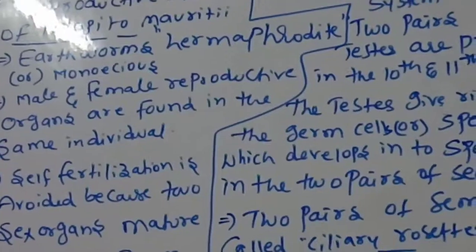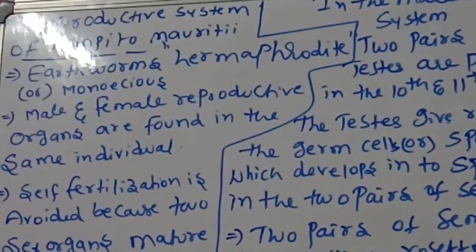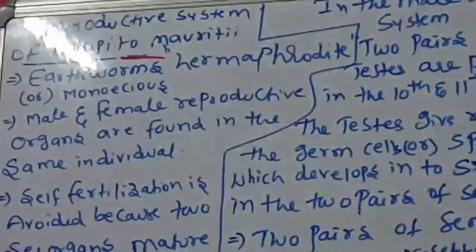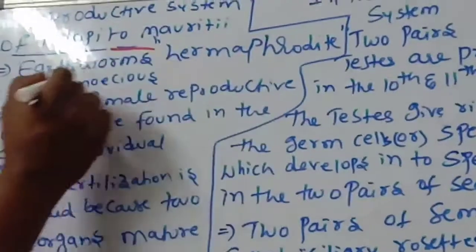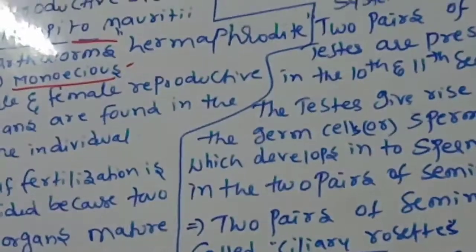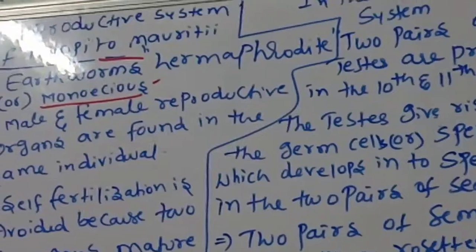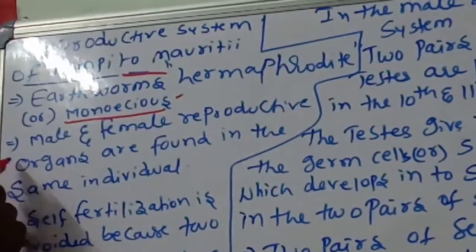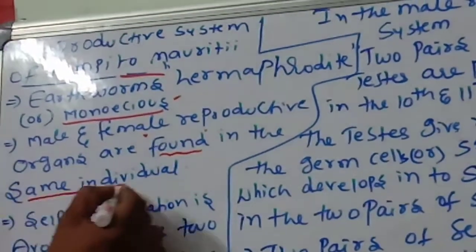Okay, children, listen very carefully. What we are discussing is the reproductive system of Lampito mauritii, the earthworm's scientific name. Earthworms are hermaphrodites, or monoecious. What is monoecious? Both male and female sex organs are present in the same organism. The male and female reproductive organs are found in the same individual.